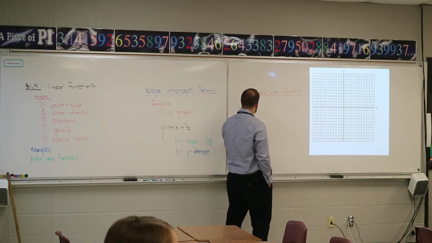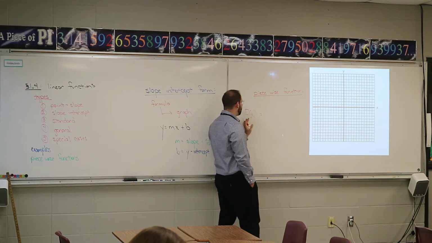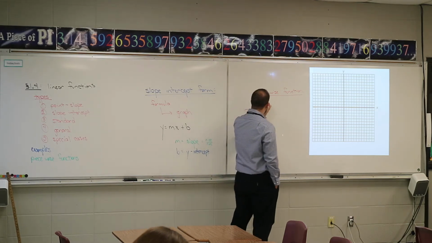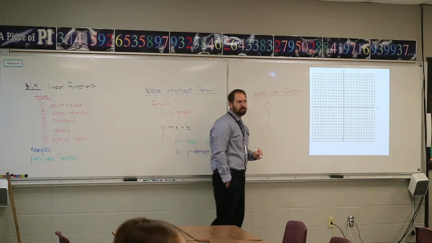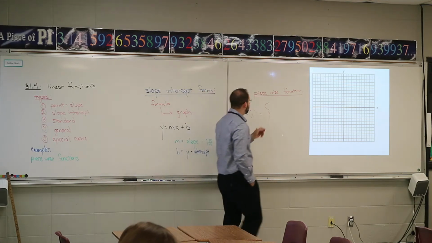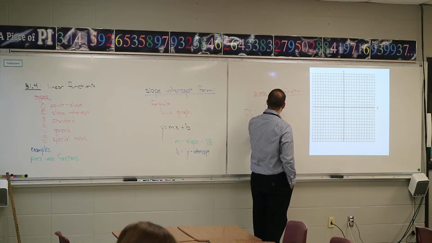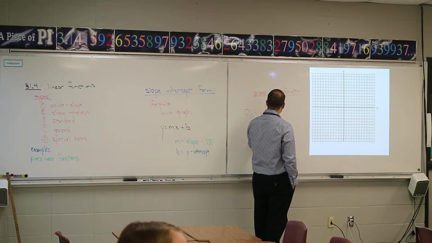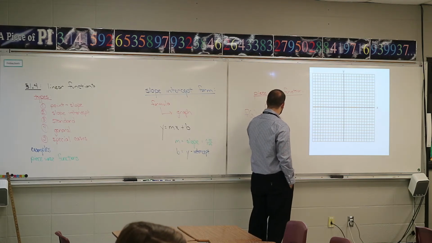So f of x, this whole thing is called f of x, it's using x's. And then they usually put a big curly brace. And then they can have a bunch of different drawings in here. So for instance, it could be 2x plus 1, it could be negative 4x, and it could be x plus 7.